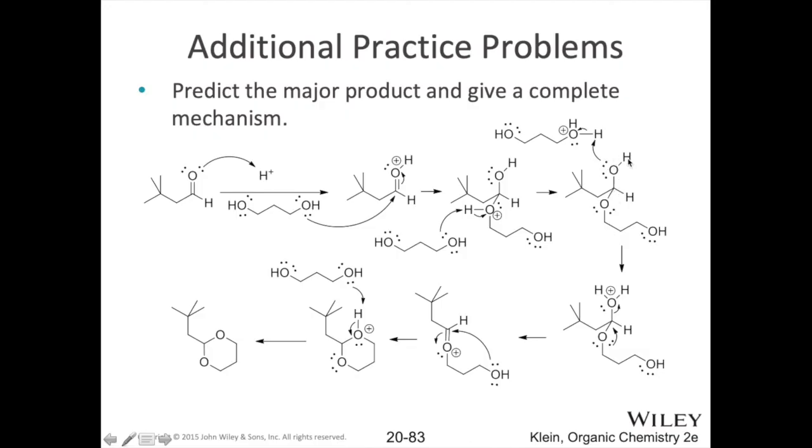Then, of course, you can protonate the alcohol, make it a better leaving group, and reform this carbonyl, though with the rest of your alkyl group attached to it, not a hydrogen as we had here. Of course, we still have this other alcohol group that's nucleophilic that will attack that carbonyl, and you can deprotonate that to make the final cyclic acetal.